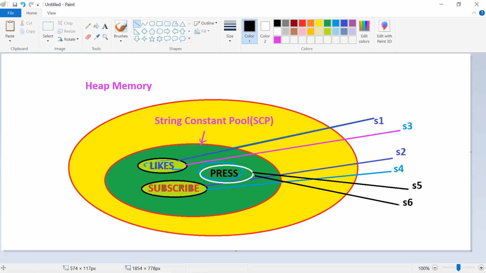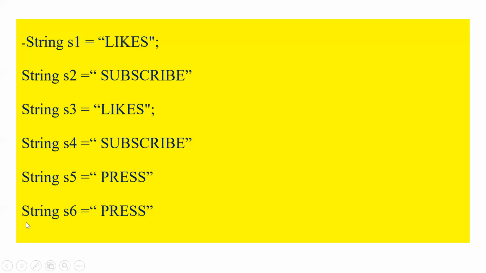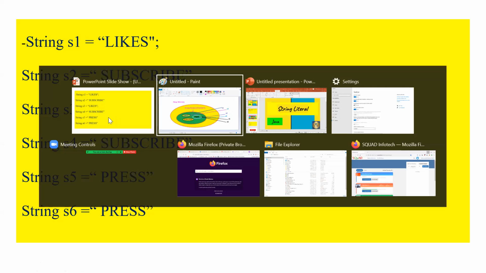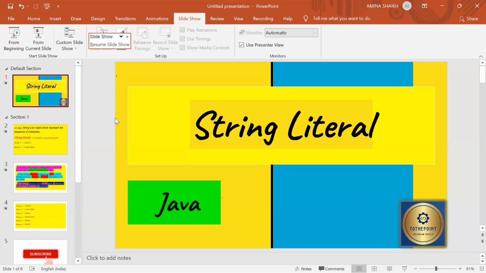For s4, "subscribe" was already present, so we just pass the reference to it. And for s6, "press" was already present, so we just pass that reference. So 3 objects were created. There are 6 references, but only 3 objects. They may ask this question, so you have to know this.